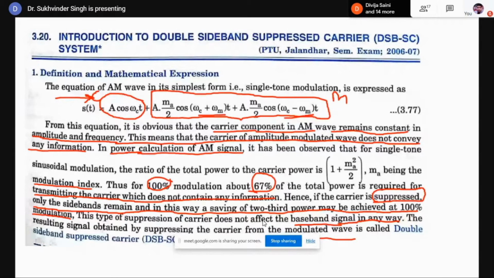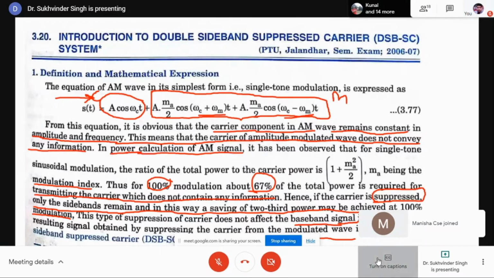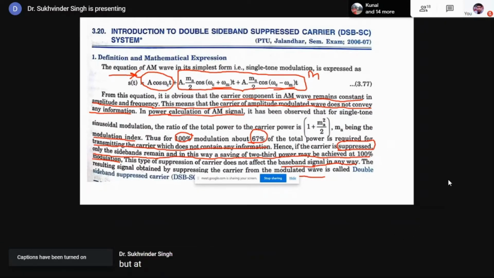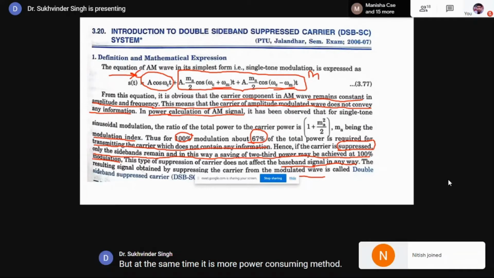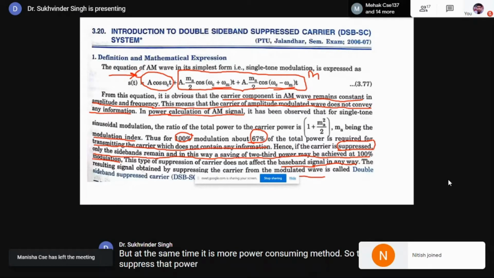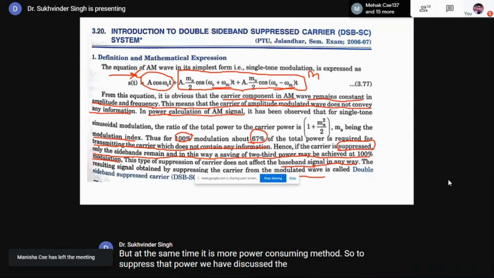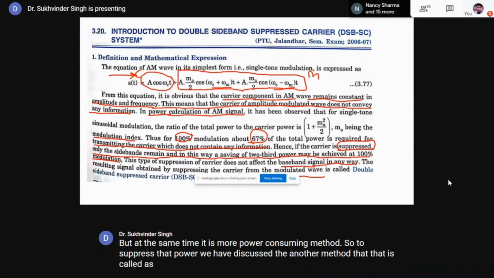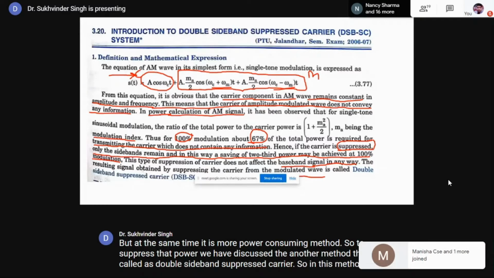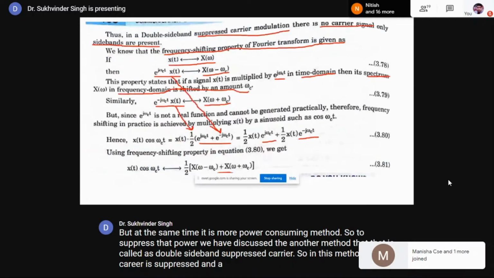However, it is another additional advantage that amplitude modulation is a quite simple and robust method, but at the same time, it is more power consuming. So to save that power, we have discussed another method called double sideband suppressed carrier. In this method, the carrier is suppressed and 67% of the power is saved.